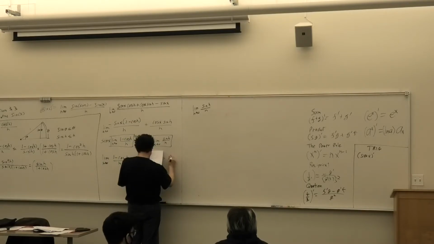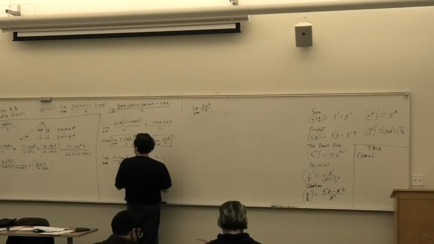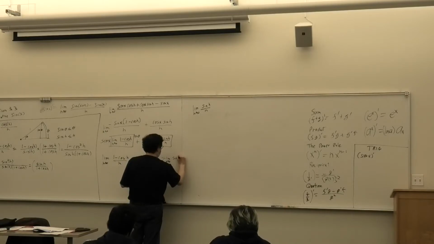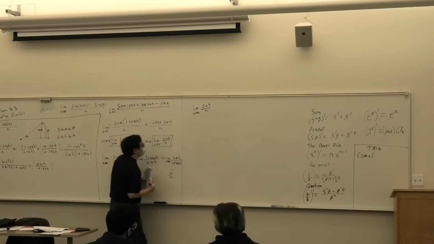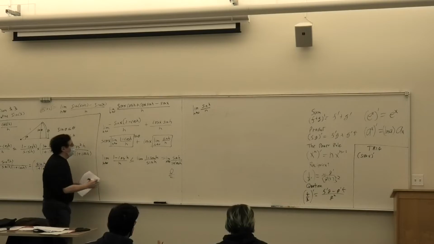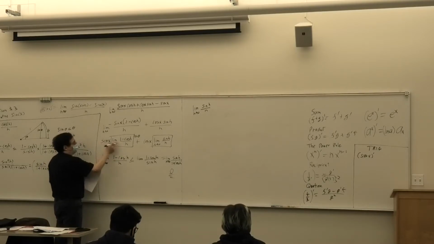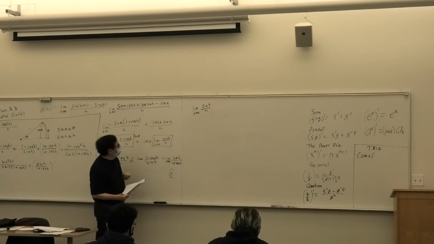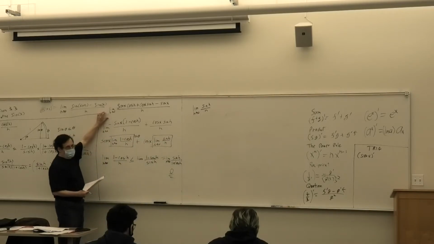I just want to squeeze it onto my board here. So this thing is 0 and sine of x times 0 is 0. So now all we're left with is cosine of x times this limit. That's what we're looking for, our derivative.